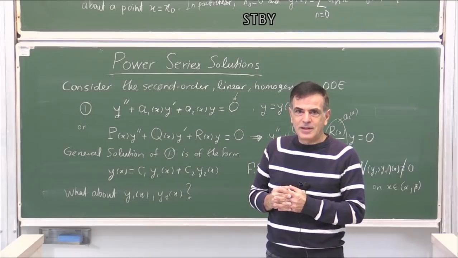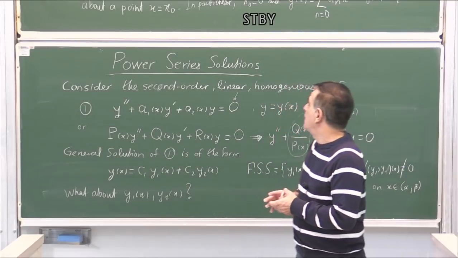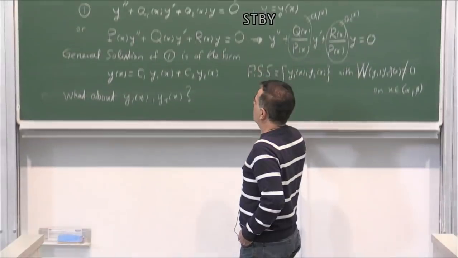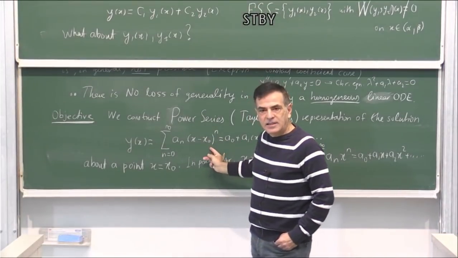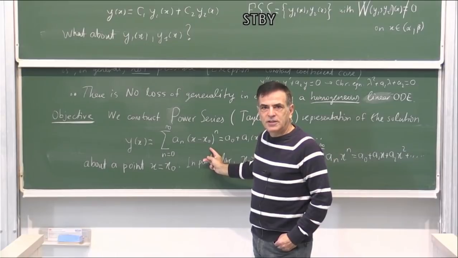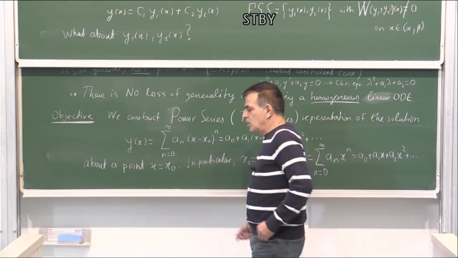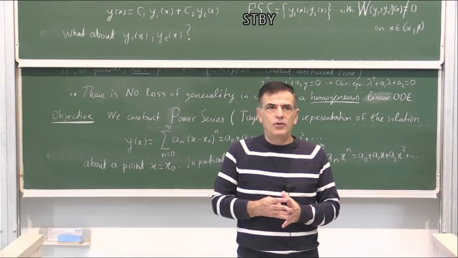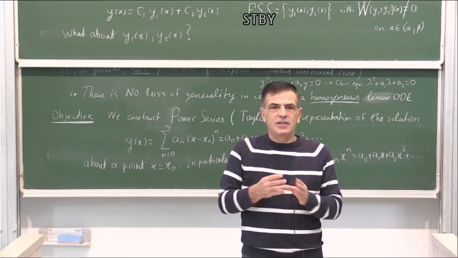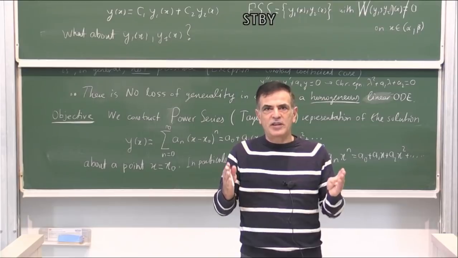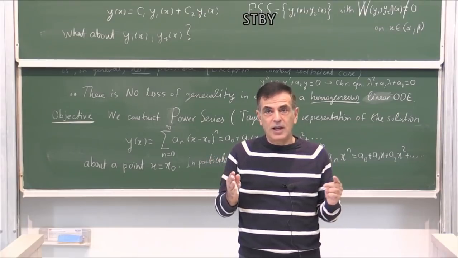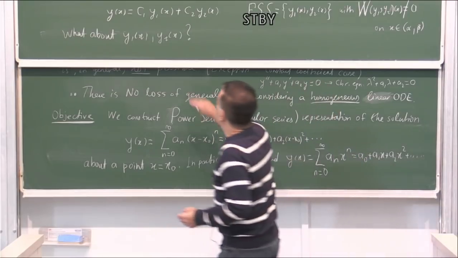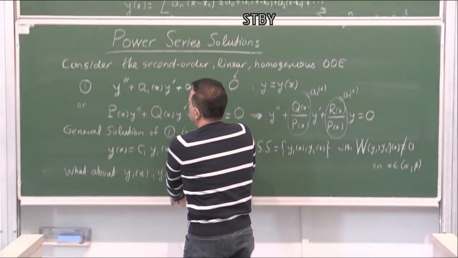Okay. And second, we know that a series of that form, an infinite series, makes sense if it is convergent. Right? So how do we find the radius of convergence of such a series? That is, the x interval in which the series is sure to converge. Okay? And therefore, the infinite series makes sense. Good? So we answer these questions later.